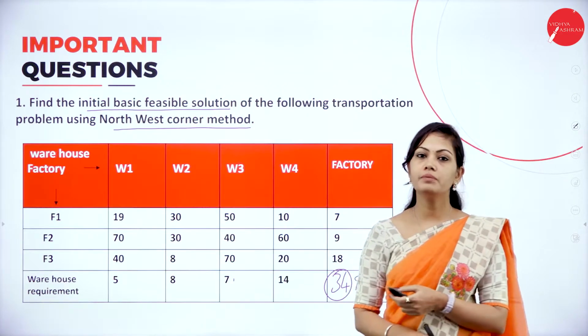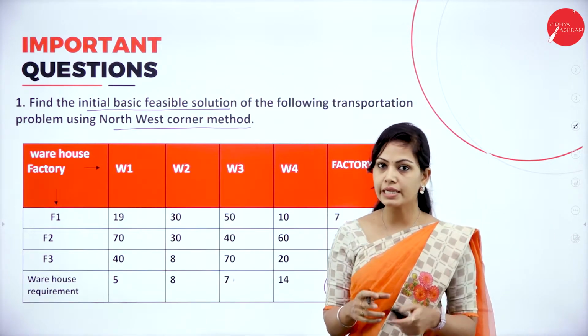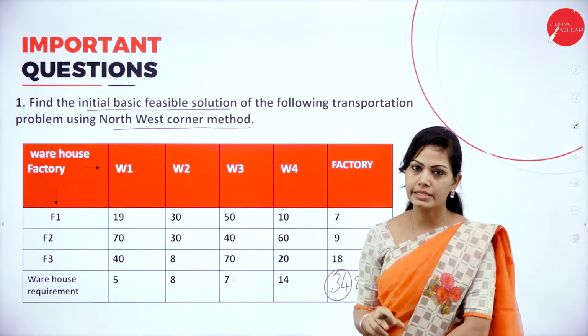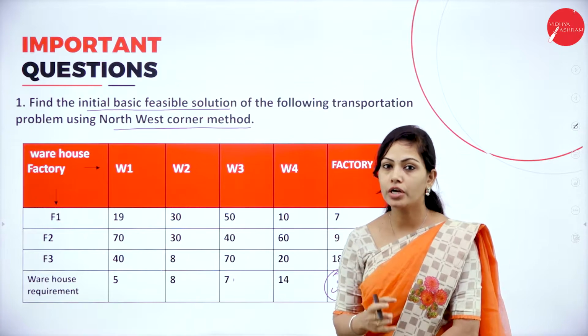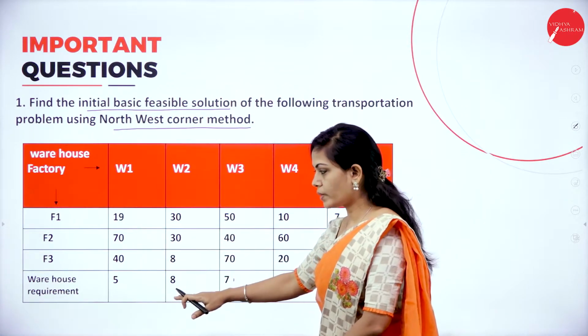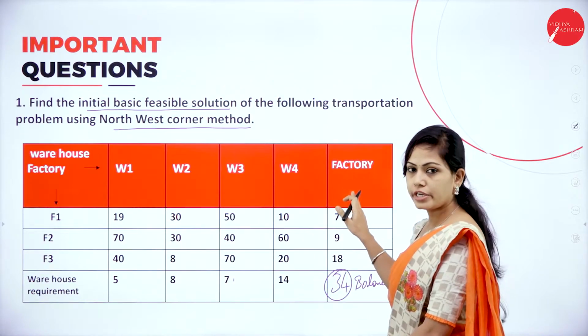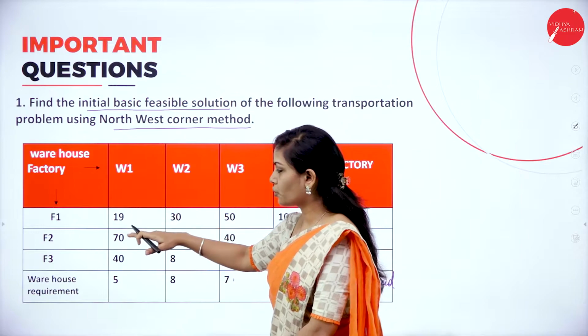You can proceed. So what is the next step in northwest corner method? You have to select the north corner cell. So which is a north corner cell here? I mean left corner cell. Here out of this variable, except this warehouse requirement and factory requirement, you can select only this variable called row 1, row 2, row 3.